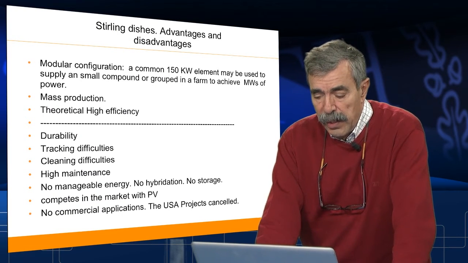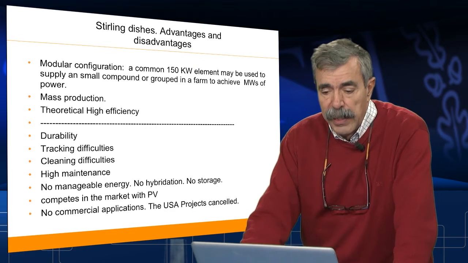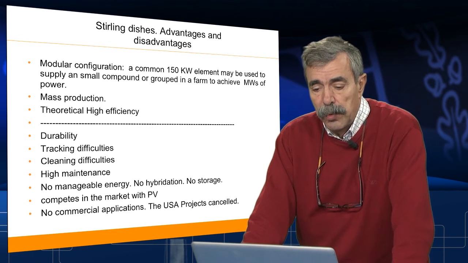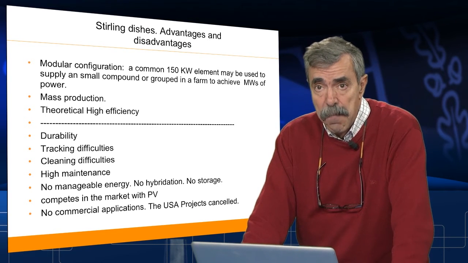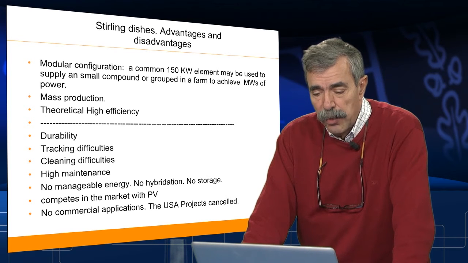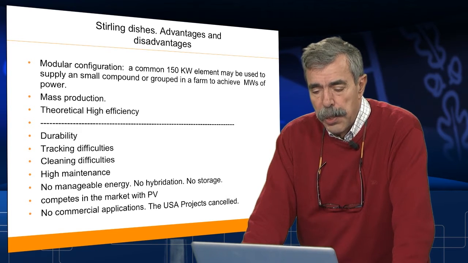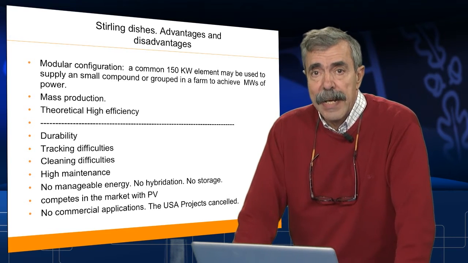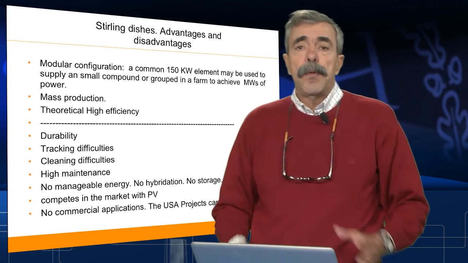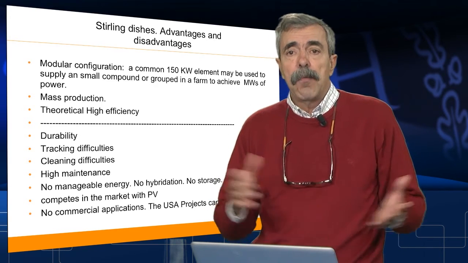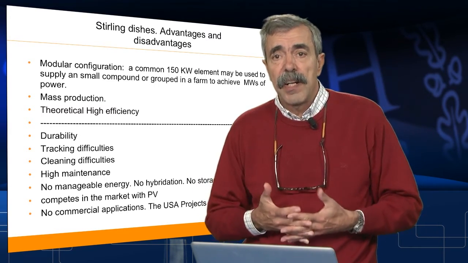To me, even when there are some technical difficulties like the tracking difficulty, the cleaning difficulty or the high maintenance of the system, the worst thing about that system is that you are not producing a manageable energy, meaning that you only produce electricity when the radiation is very high.